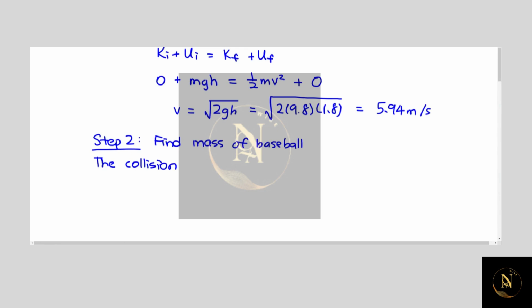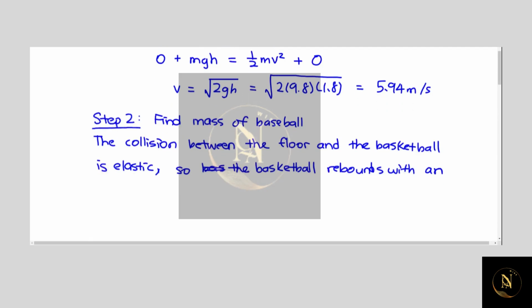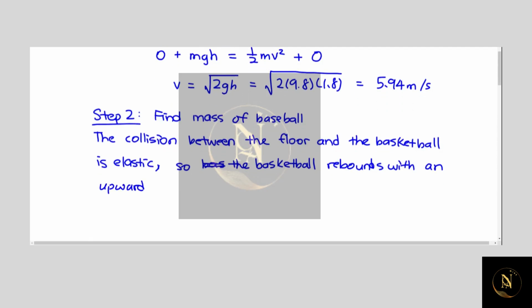The collision between the floor and the basketball is elastic, so the basketball rebounds with an upward velocity of 5.94 meters per second.